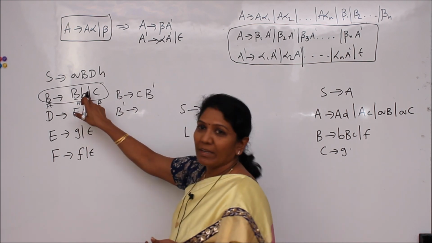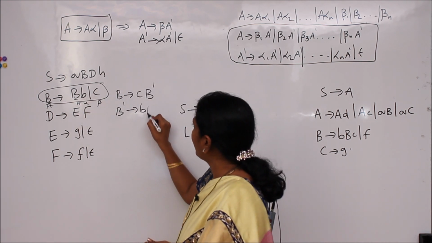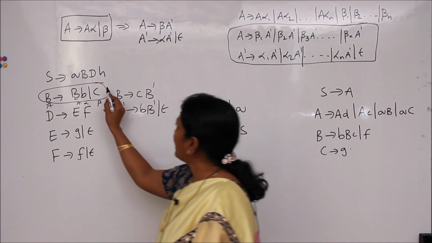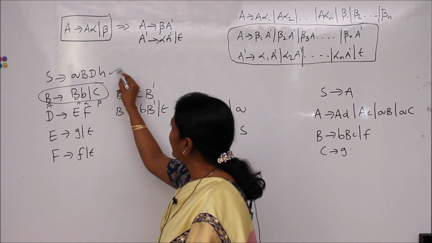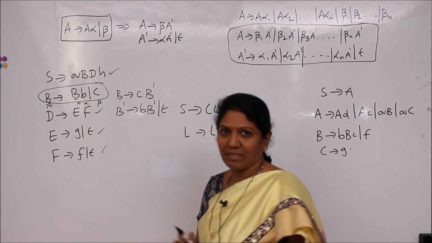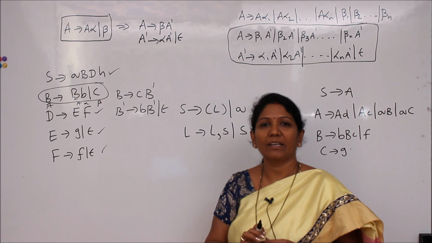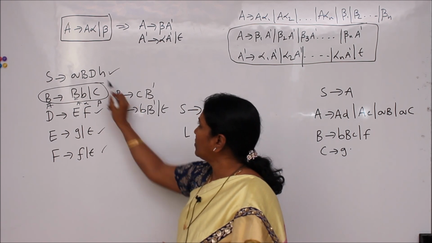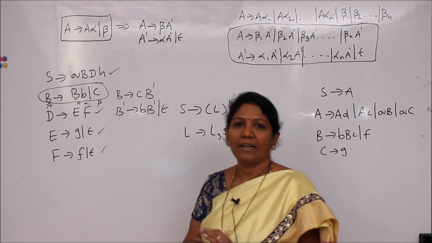Alpha A dash, alpha here is B, so B B dash or epsilon. So you can simply replace this with two productions, remaining all productions can be as it is. That is the equivalent grammar without left recursion. Only this you replace by these two, all this can be added as it is.